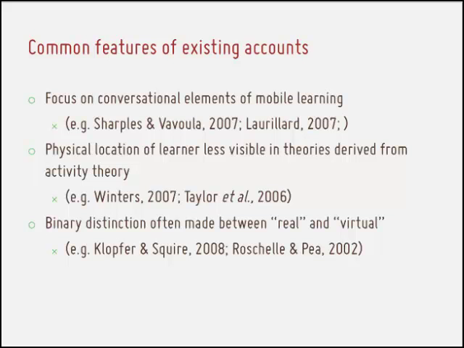There are some extremely thorough and well worked out general accounts of mobile learning that focus on the interactional elements, the conversational elements, and tend to have their roots in Pask's conversation theory and Engestrom's activity theory. These are obviously very, very useful and theoretically very solid, but they don't, to me, really foreground the place of space.